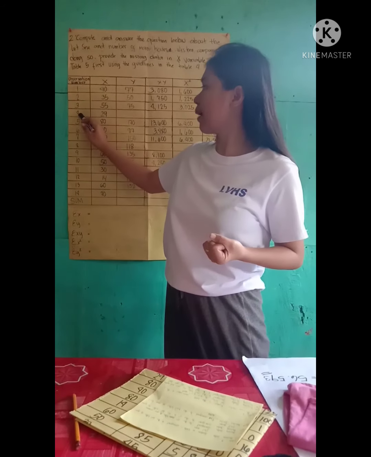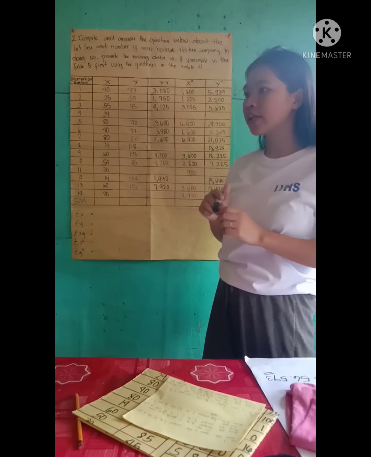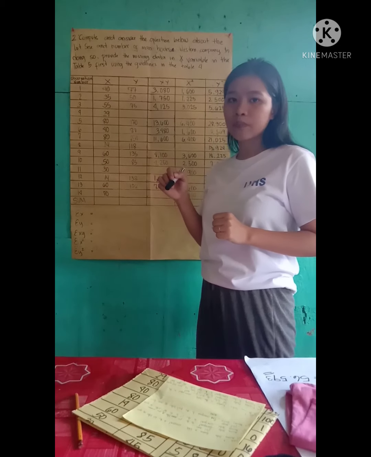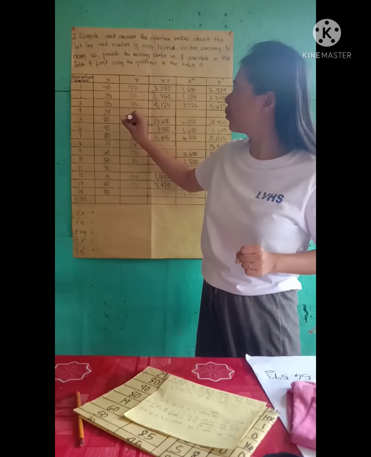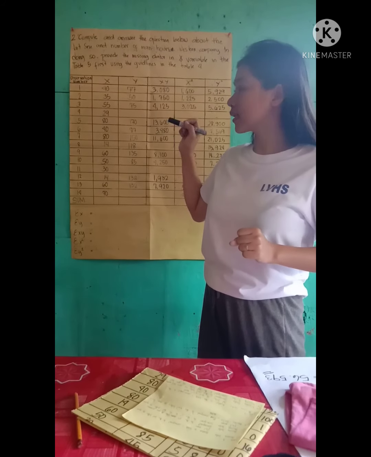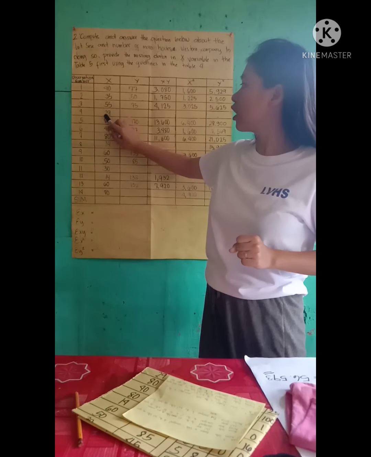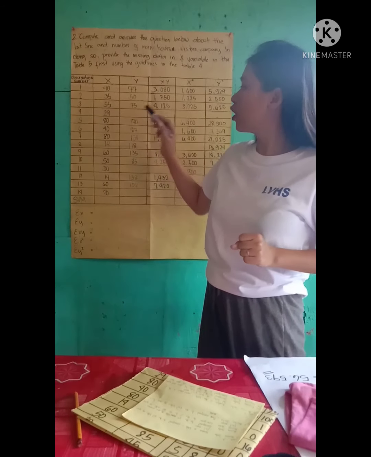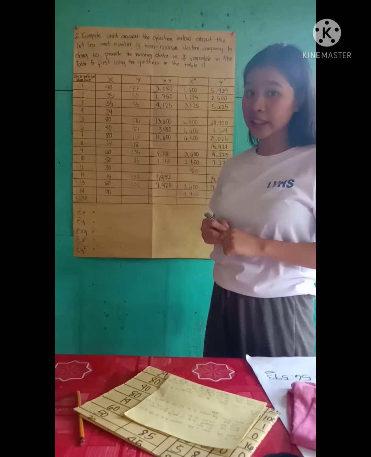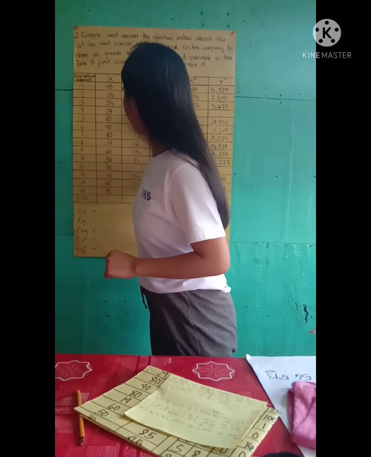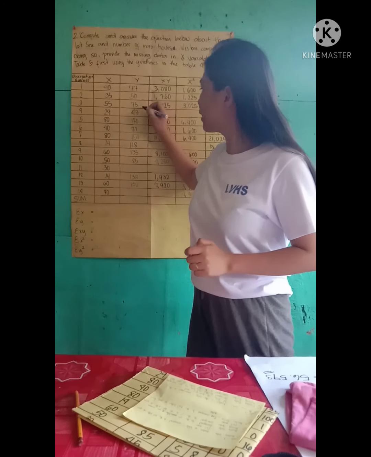So in number 4, column Y is also missing, so we need to solve it using the formula 2x minus 15. So 2 times x in the X column, which is 29, minus 15. So 2 times 29 minus 15 is equals to 43. So in number 4, in the Y column, the missing variable is 43.